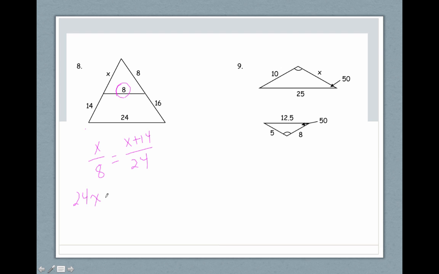So 24x equals 8 times x plus 14 equals 8x plus 112. So subtracting 8x, 16x is 112, x is 7.